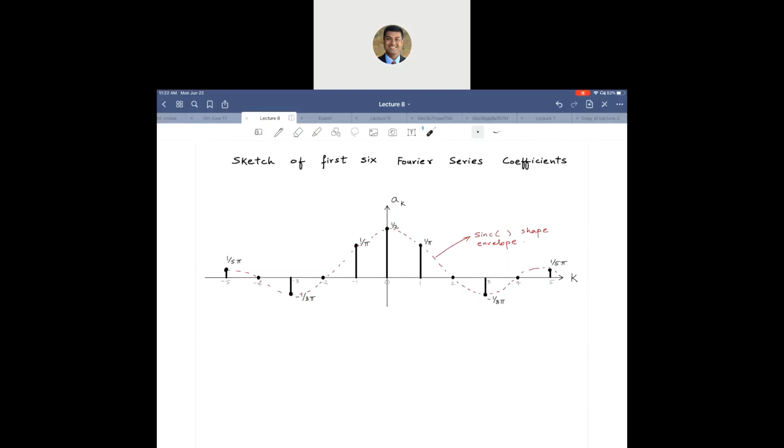Now, can you do this as an experiment? I recommend you to do this. Use your phone to generate a square wave. How can you use a phone to generate a square wave?